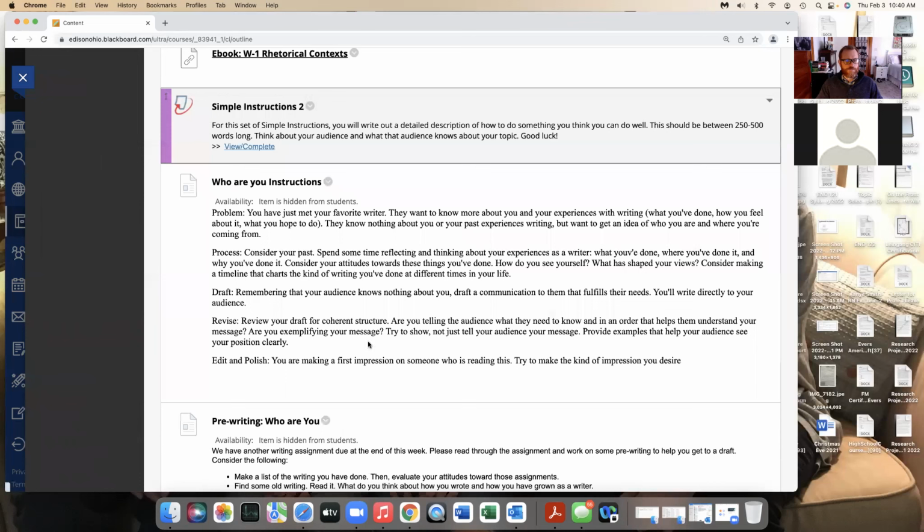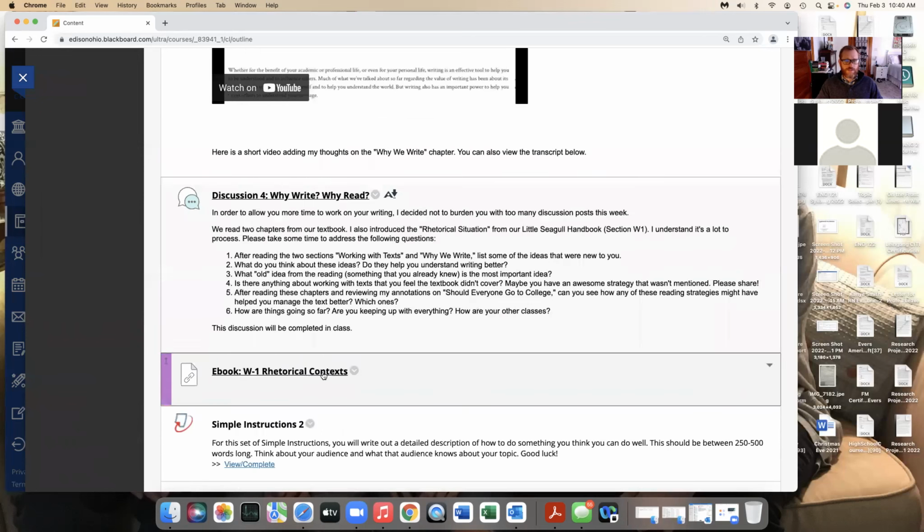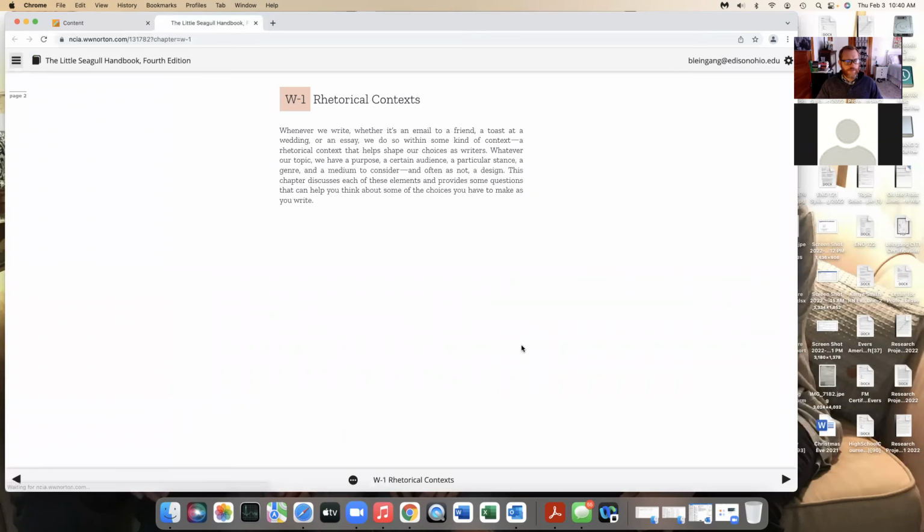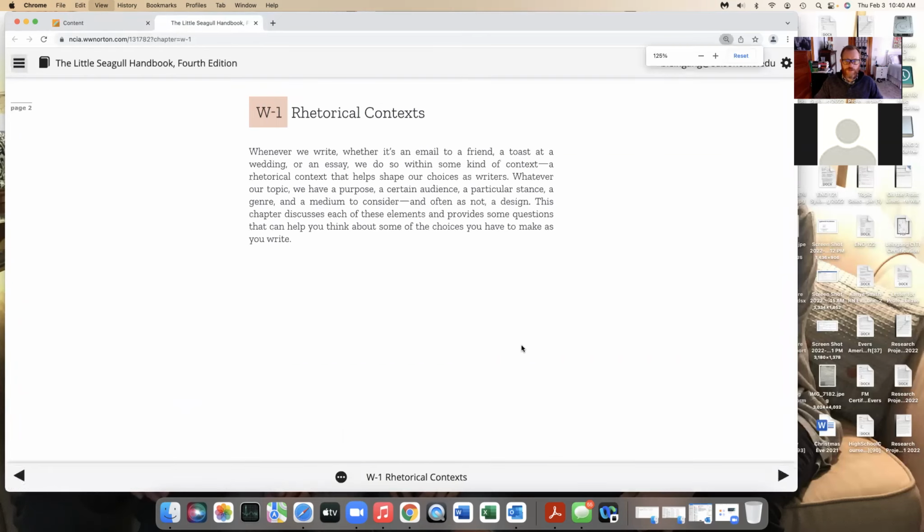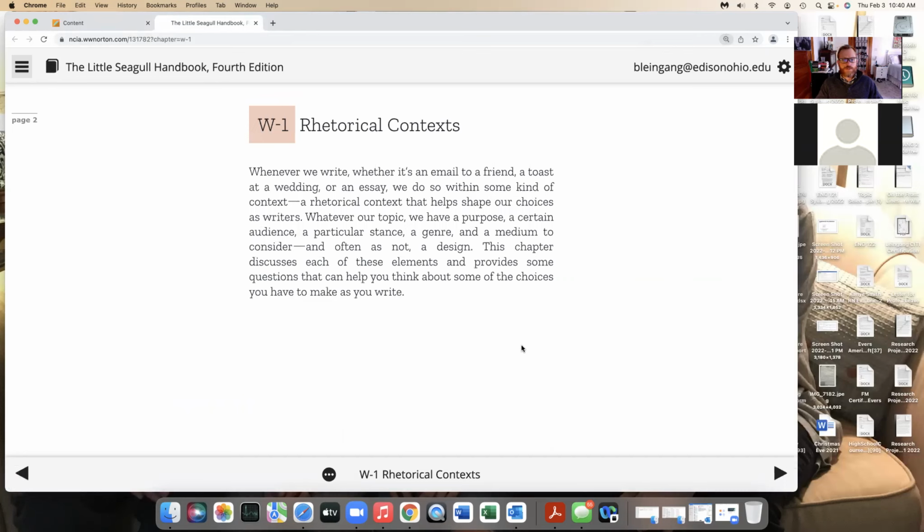We have discussed rhetorical context in a brief amount, but I will just give us a refresher about that. The idea is that every piece has a purpose, and we have to train ourselves to think about what it is we are trying to do. And that's what the rhetorical context does.